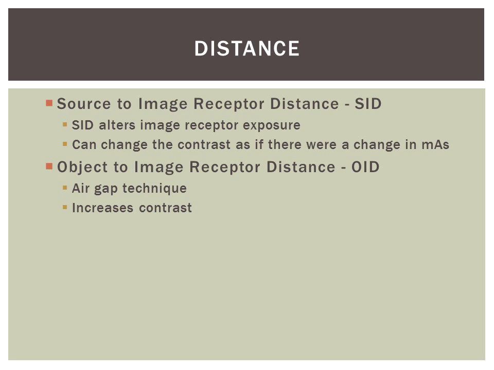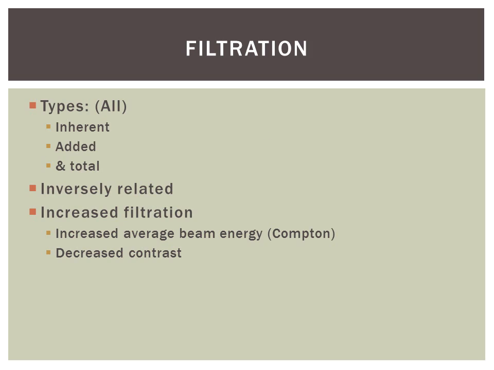Distance, source to image receptor distance. SID alters the image receptor exposure and can change the contrast as if there were a change in mass. Object to image receptor distance, or OID, with the air gap technique, permits scatter to miss the receptor and increases contrast. By removing the scatter, you will increase contrast.